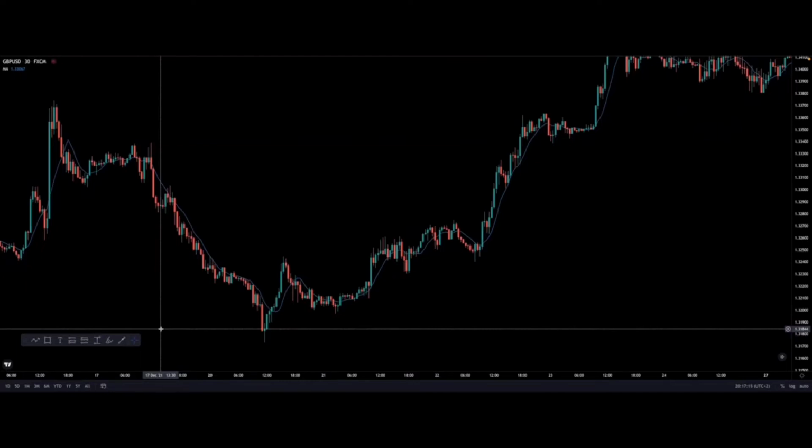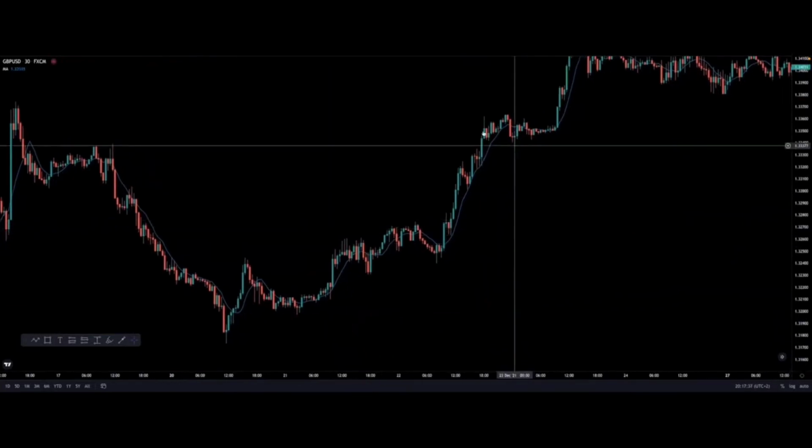So if price is holding above the moving average, they are of the opinion that we've got that intraday or intra-week, whatever it is, bullish momentum. So as soon as price touches that moving average, you buy, okay, and vice versa. Now, let's see how that works and what it comes down to at the end of the day.